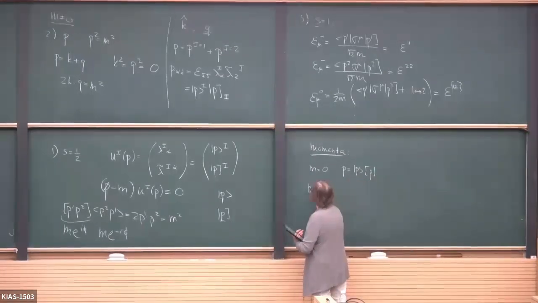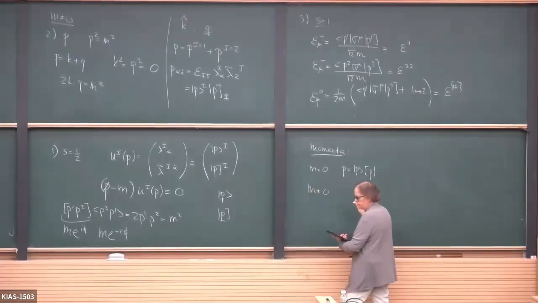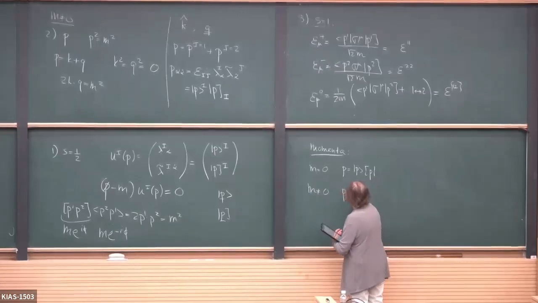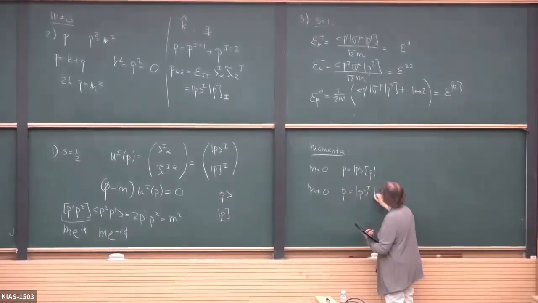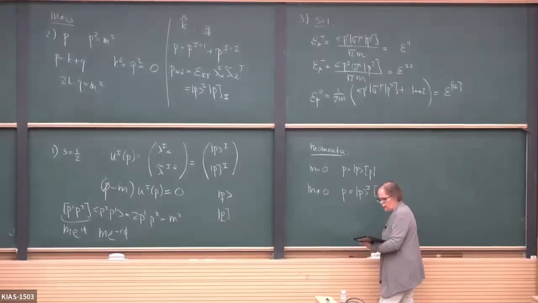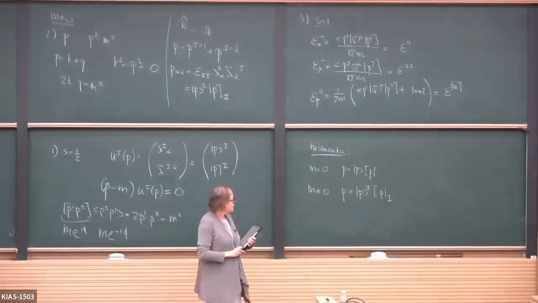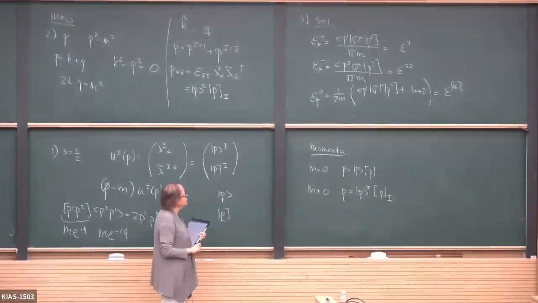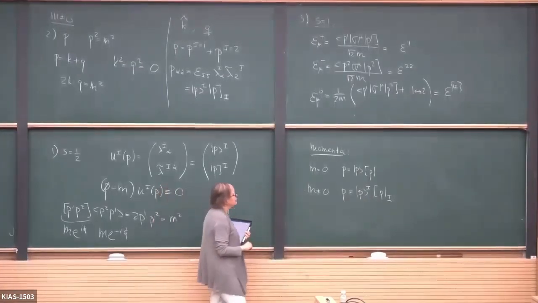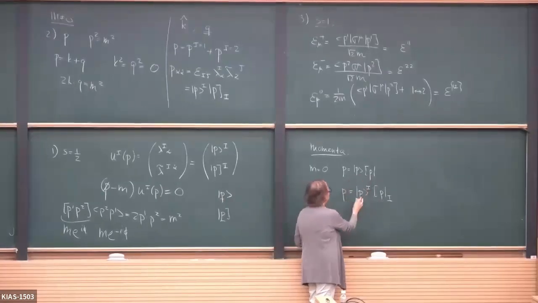And for massive momenta, we can write p as pi pi. And so you see that in either case, we still have some freedom that's left in defining our spinors.